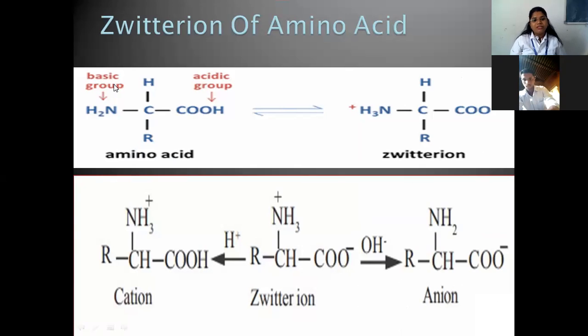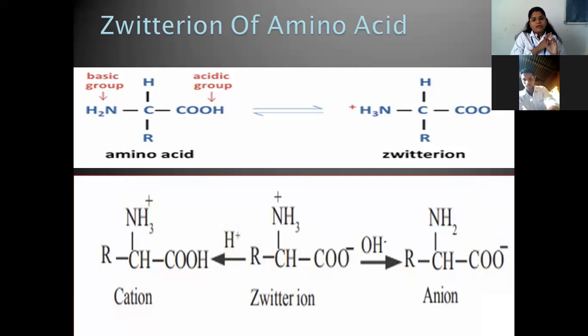Whatever acidic and basic groups are present, they are responsible for certain changes produced in the structure. Why are these changes produced? Because amino acid contains two ionizable groups. One is the carboxylic group, which is the acidic group, and the amino group, which is the basic group.